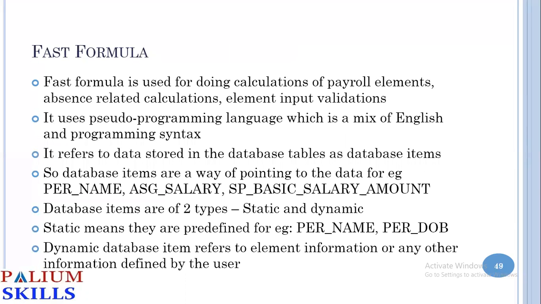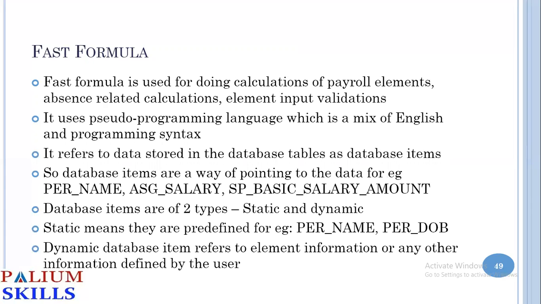Payroll, we have seen this. Next is the fast formula that needs to be used. Fast formula is basically used for doing calculations of different payrolls, absence related, element input validations, and a whole lot of things, pay accruals, vacations, benefits, eligibility, derived factors, everything can be done using a fast formula.